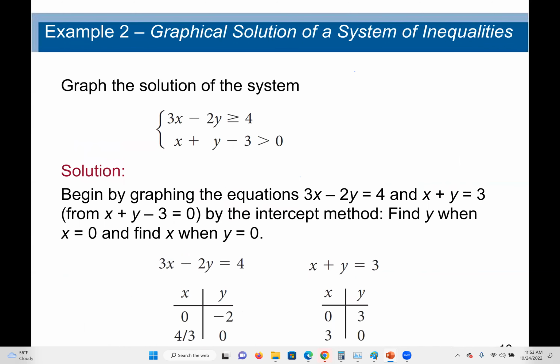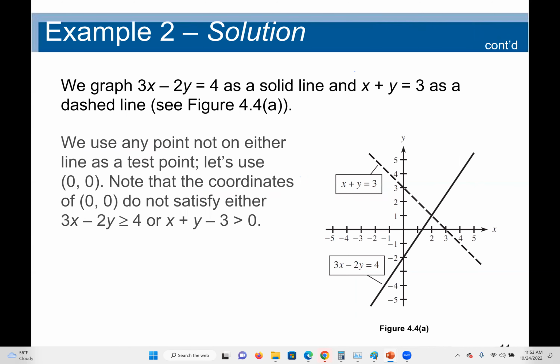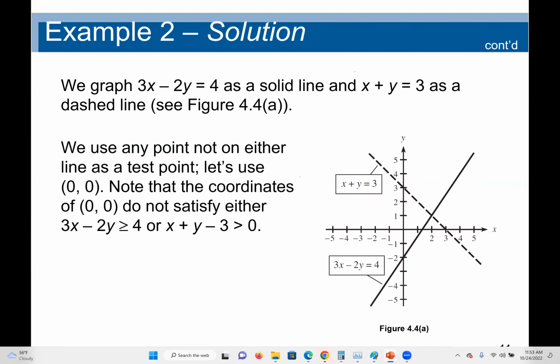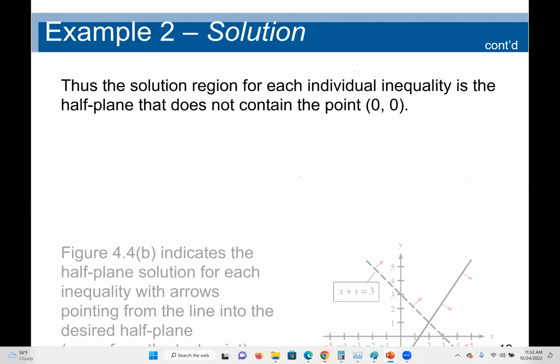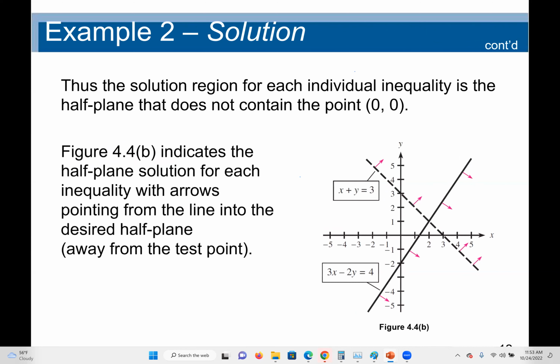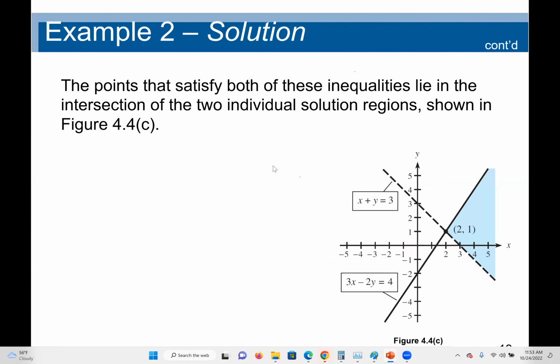Okay, this is it. So we plot the graph. We tried 0, 0, and 0, 0 didn't work. They explained to us here that because 0, 0 is way here, it didn't meet the two conditions. They say the points that satisfy both of these inequalities lie in the intersection of the two individual solution regions shown in the figure below.